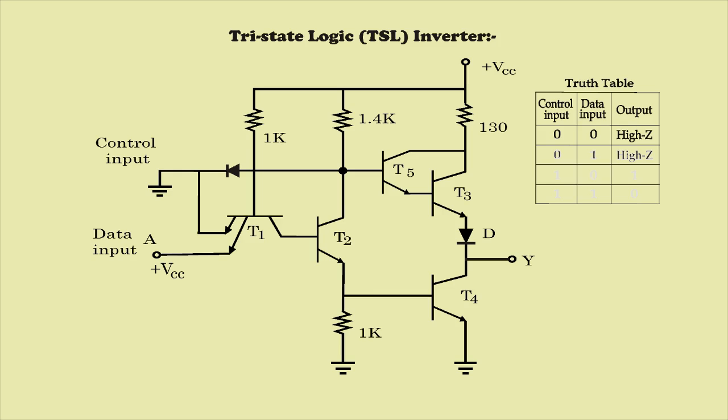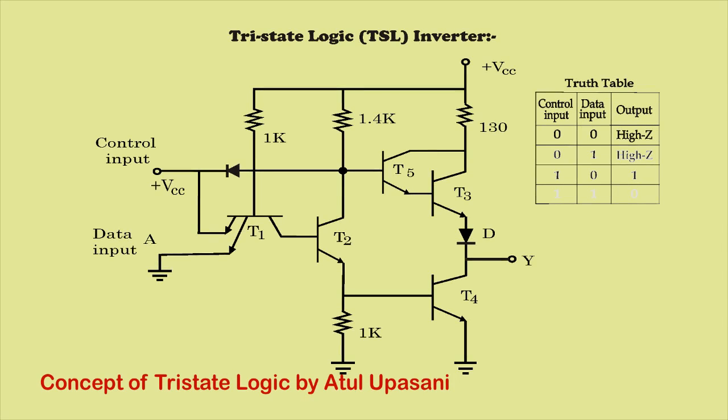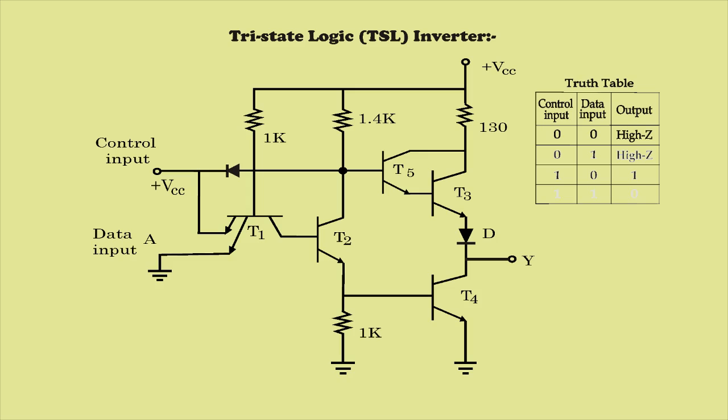Now let us move to the third condition. Now control input is connected to logic 1 and data input is connected to logic 0. If control input is connected to logic 0, that means that terminal is connected to ground. And here, control input is connected to 1, it means that the control input's terminal is connected to power supply plus VCC.